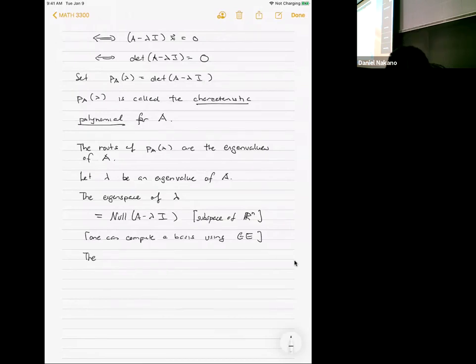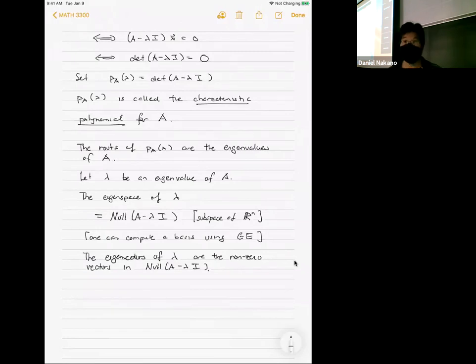So the eigenvectors of lambda are the non-zero vectors in the null space of A minus lambda I. What I've done here is outline how to find the eigenvalues first, and then once you have an eigenvalue, you can find all the eigenvectors corresponding to that eigenvalue.